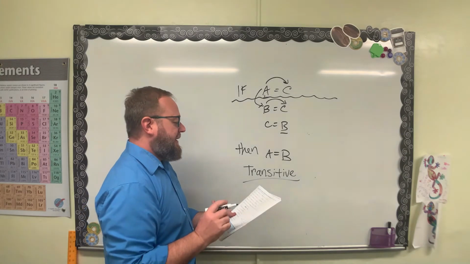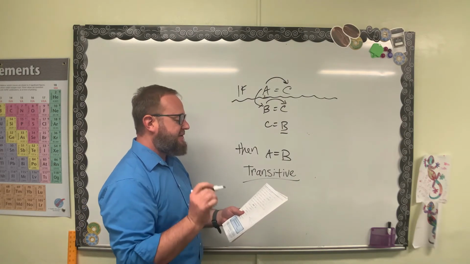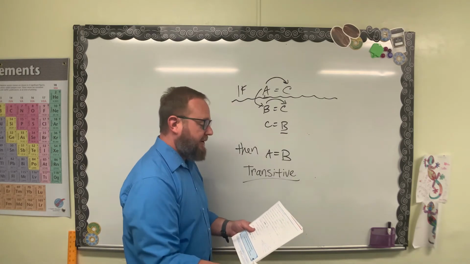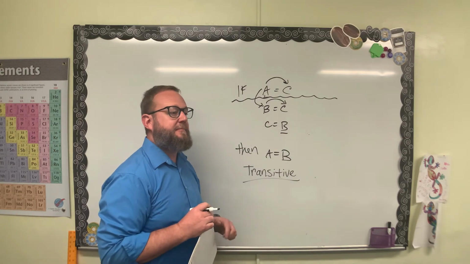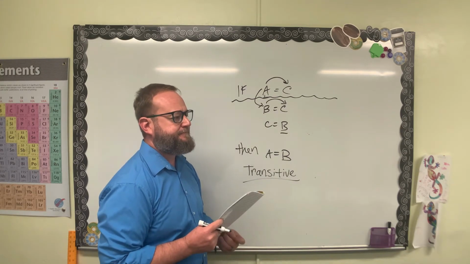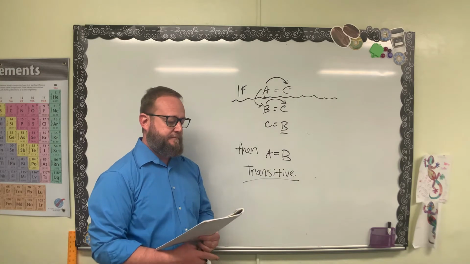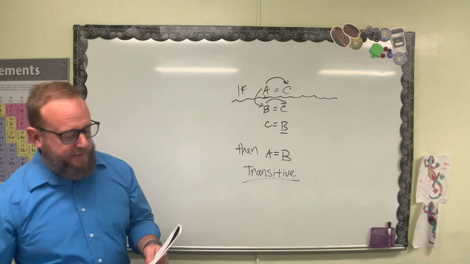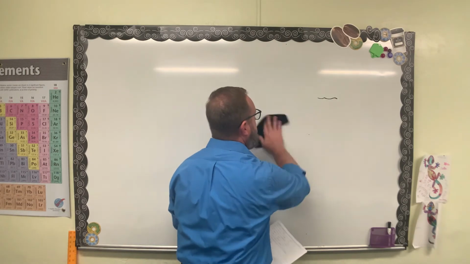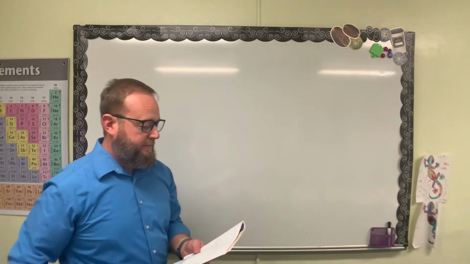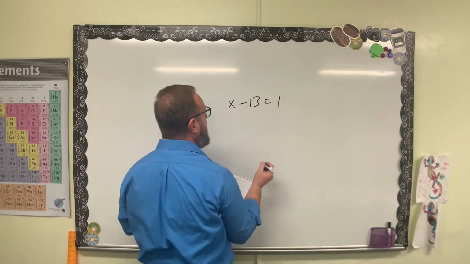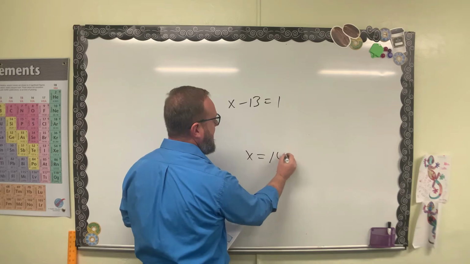Next, if x minus 13 is 1, then x would be 14. You understand that, I hope. But what property tells us that that's true? I need to either think through that or actually do it. If x minus 13 equals 1, they already gave you that answer.